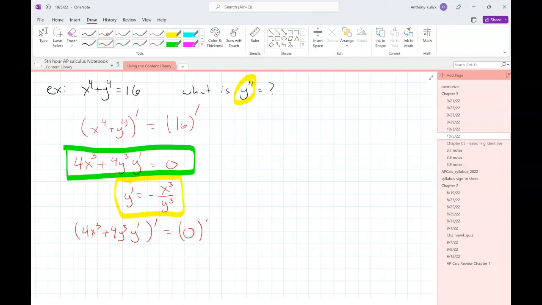All right, so the derivative of 4x cubed is going to become 12x squared. Everybody agree? The derivative of 4y cubed times y prime is a product rule. There's a product between the y cubed and the y prime. Everybody okay with the notation that I've used there?